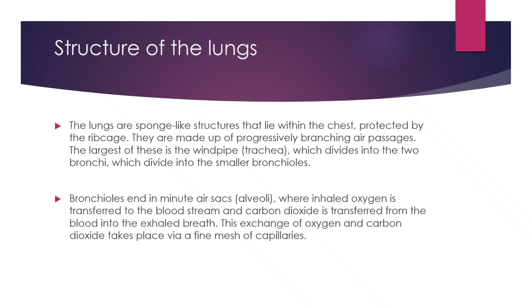Starting from the top, the largest of these is the trachea, a single trachea, also called the windpipe, which divides into 2 bronchi, which further divide into smaller airways called bronchioles. Bronchioles end in minute air sacs called alveoli, where the gas exchange takes place.